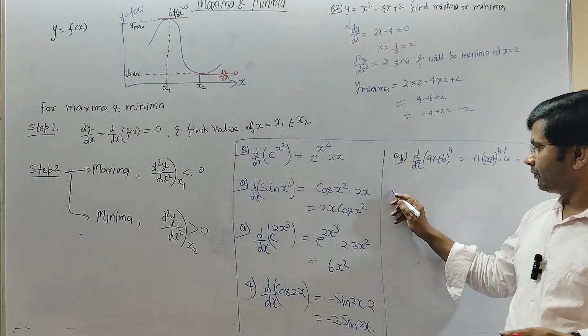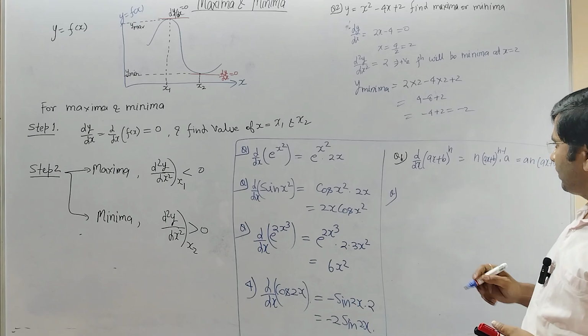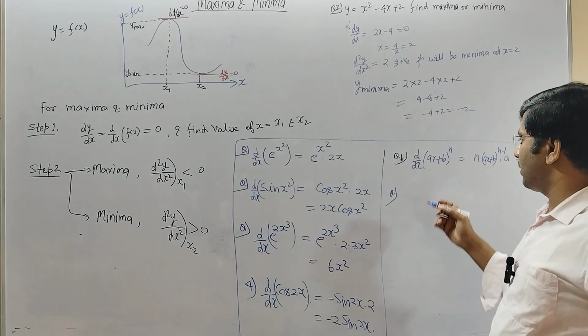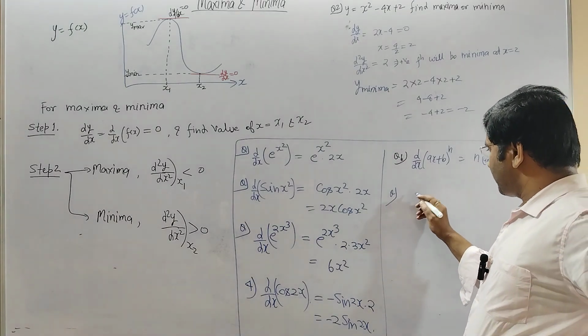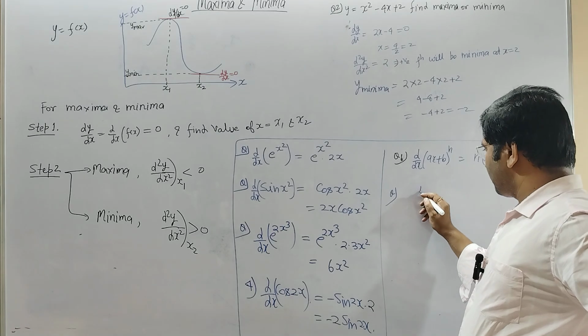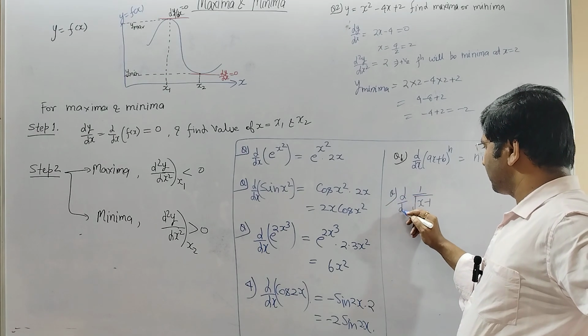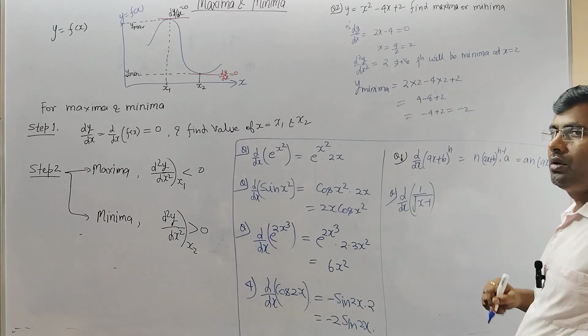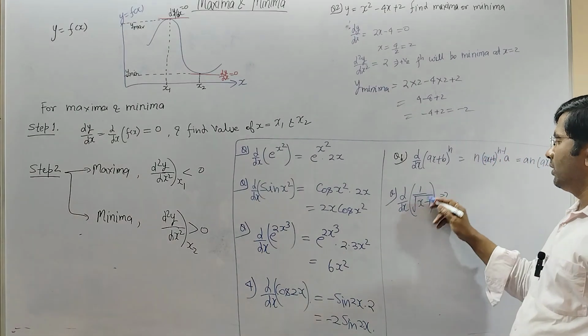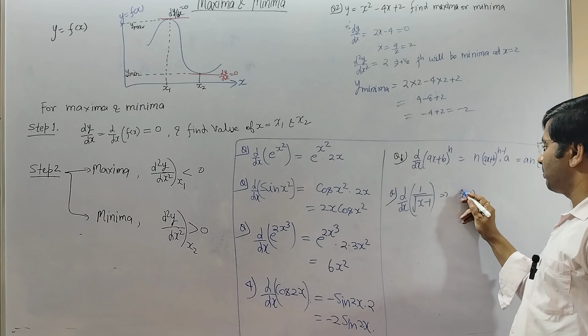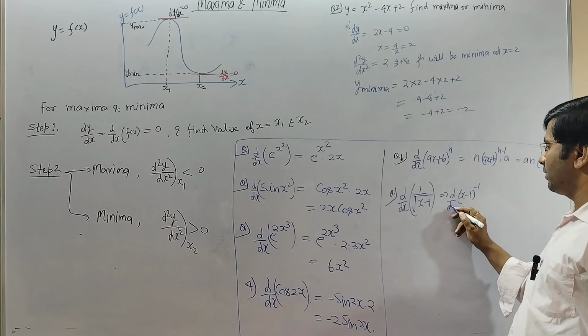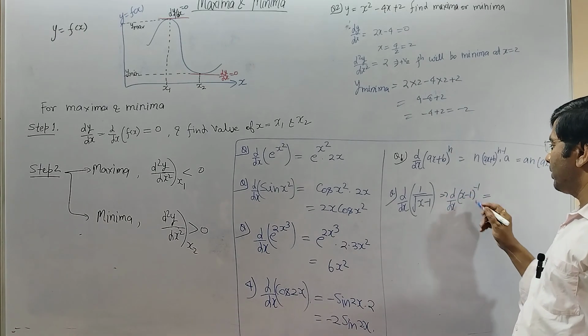So let me take differentiation of, let's take 1 upon x minus 1, d by dx. So what you do? Again, this is x minus 1 to the power minus 1, d by dx. So assume for a moment this is x.